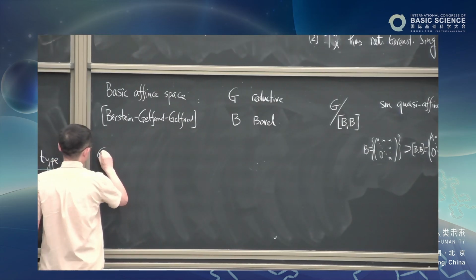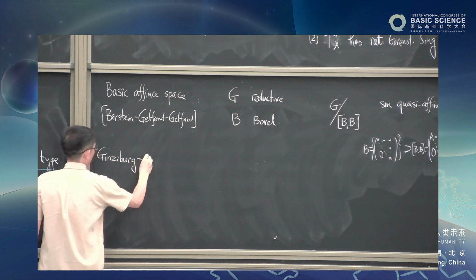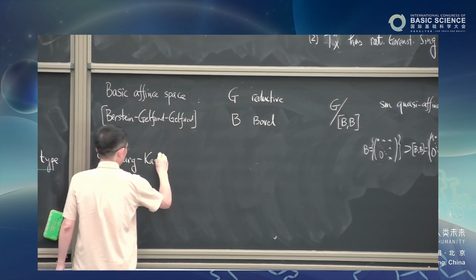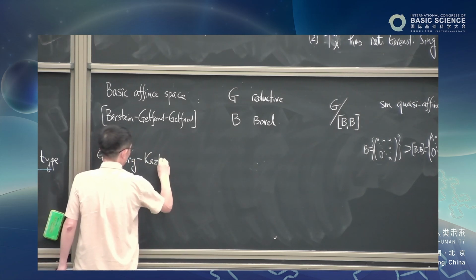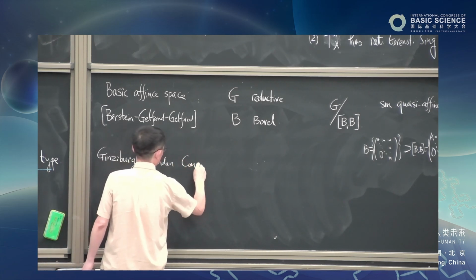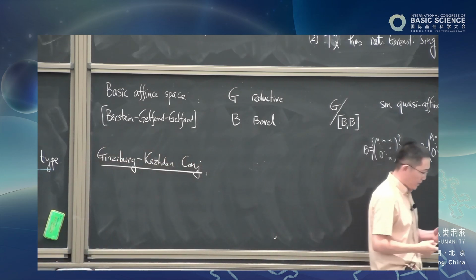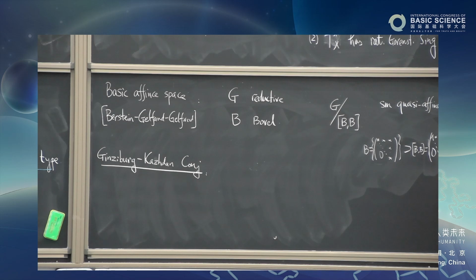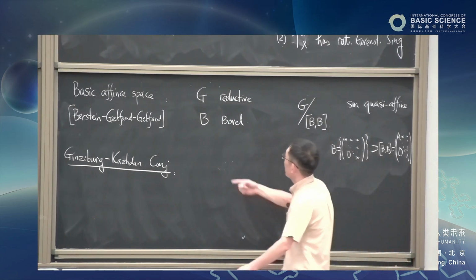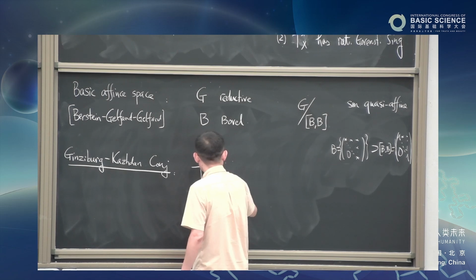You find there's a conjecture by Ginzburg and Kazhdan. The Kazhdan conjecture: if you take this basic affine space, you take the coordinate ring, take the closure or the affinization, this will come with symplectic singularity.